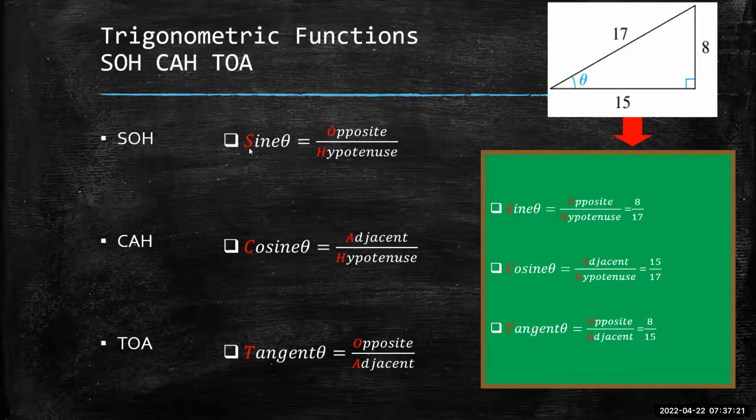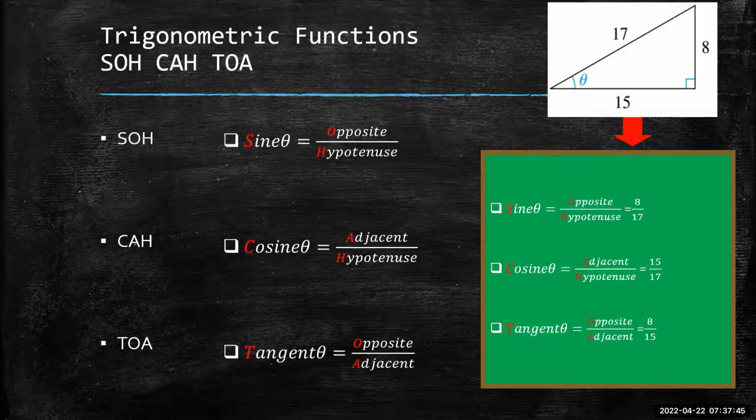SOHCAHTOA. Sine is equal to opposite divided by hypotenuse, cosine is adjacent divided by hypotenuse, and TOA, that is tangent, equals opposite over adjacent.